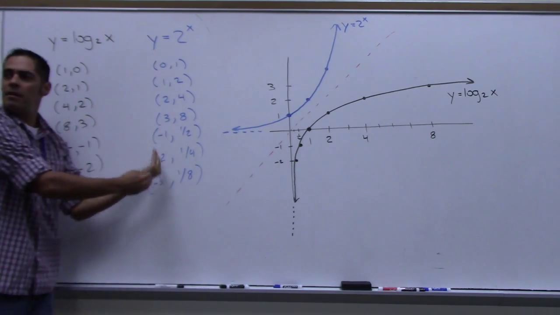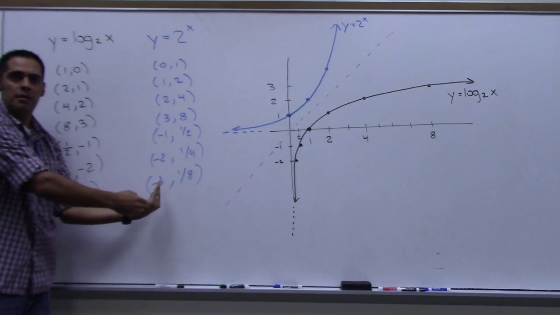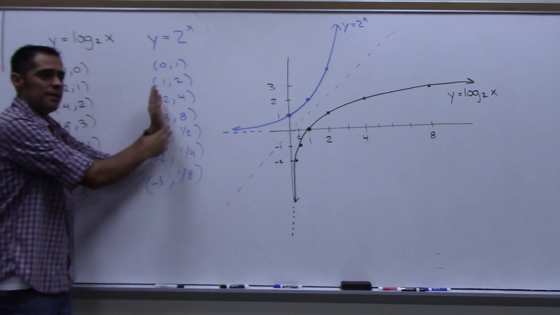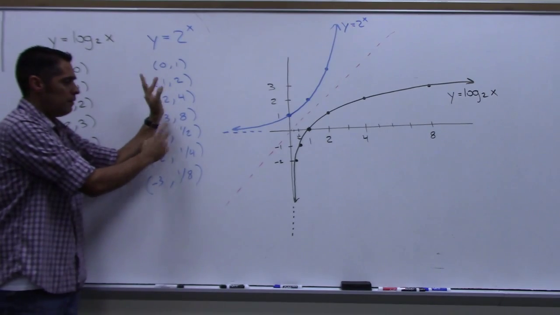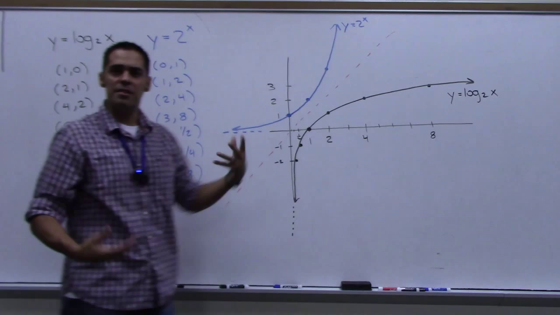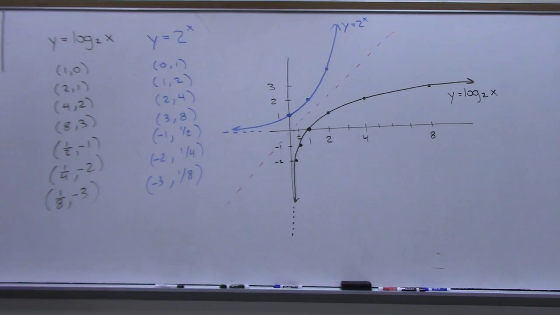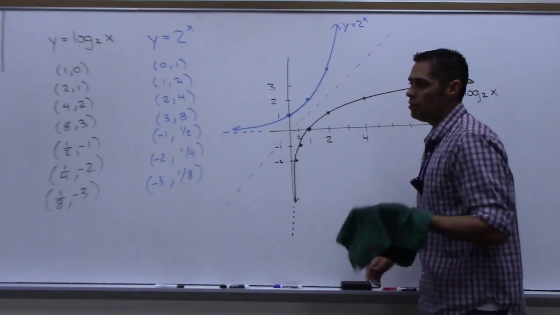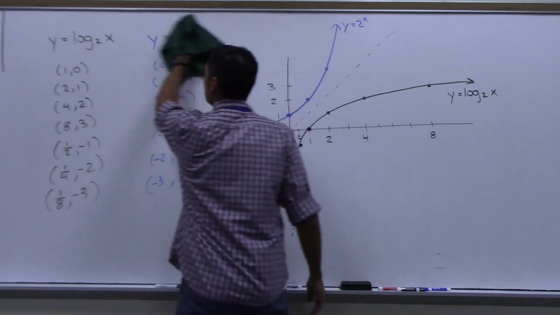We didn't have to worry about picking these numbers smart, did we? Here we have to worry about how we pick them. But if we just pick numbers like this, take those answers, flip them over, then we would draw the black one, wouldn't we? That's the most efficient way to graph the log. Got it? Okay. So you start with the exponential, and then you flip the ordered pairs.